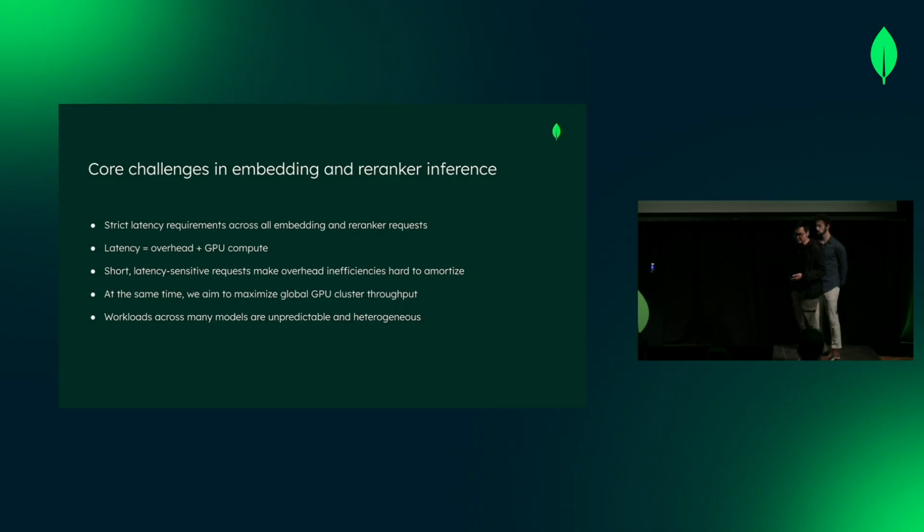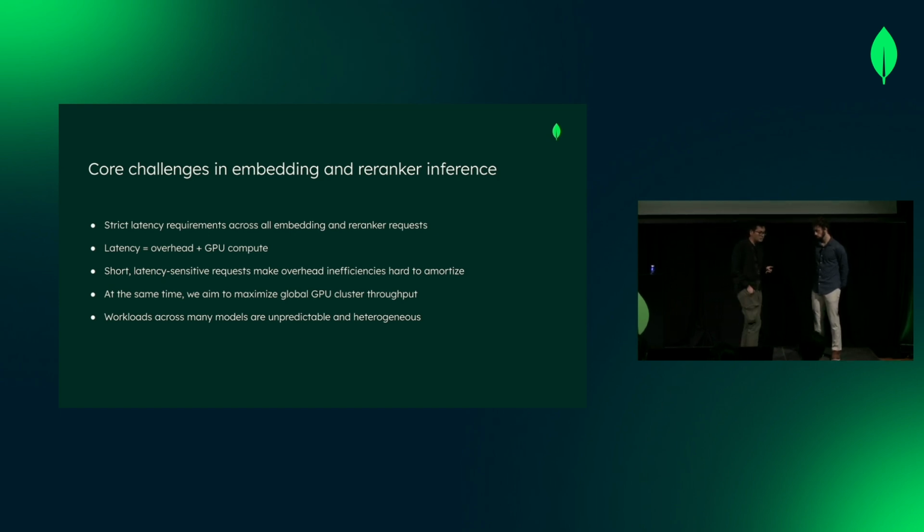When thinking about latency, we can basically distill it down to 2 fundamental parts: overhead plus GPU compute. And overhead is essentially all the non-useful or non-essential work that your infrastructure might have to do. So for example, request routing or autoscaling, GPU node bring up, and so on.